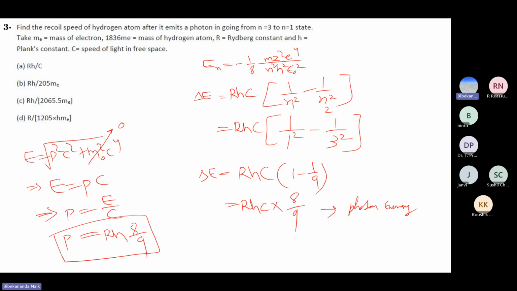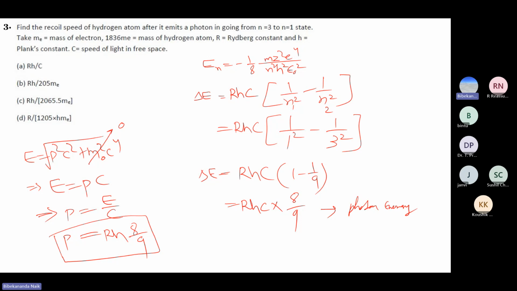And if you consider the relation between the energy and momentum of the photon, the relativistic relation is given as E squared equals P square C square plus M0 square C to the power 4, where M0 is the rest mass, P is the momentum, and C is the speed of light.